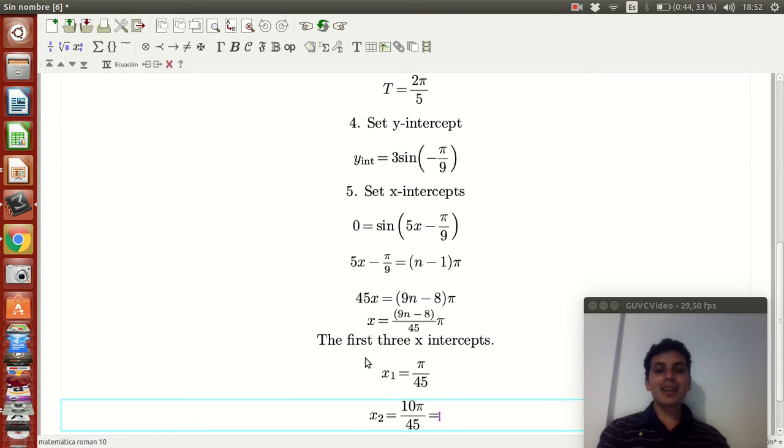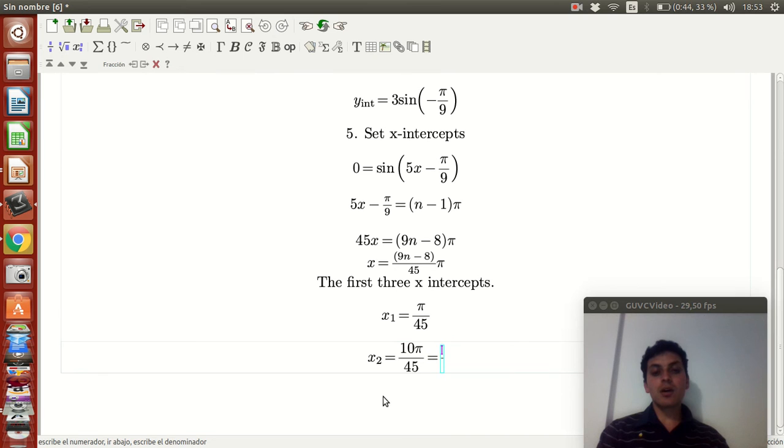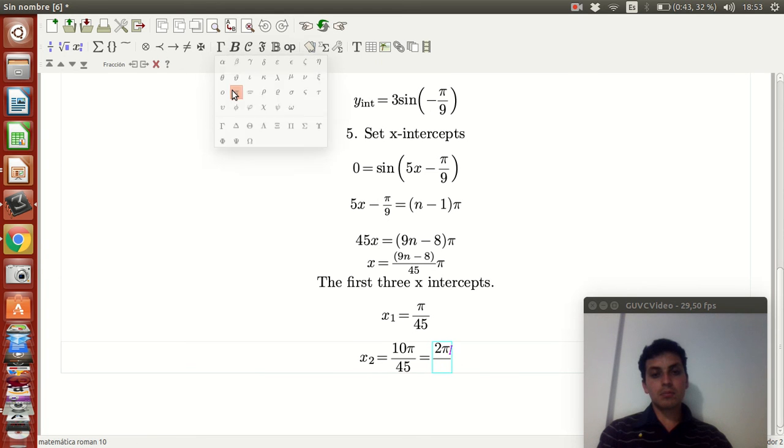Okay, now I'm going to leave this expression because I'm going to use it later, but it's better to simplify the answer. Always simplify the answer. So we can have the fifth part, 2 pi ninths.